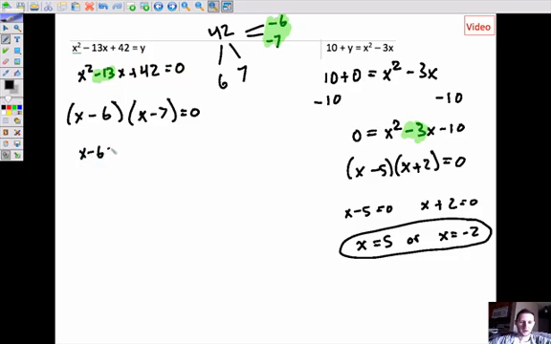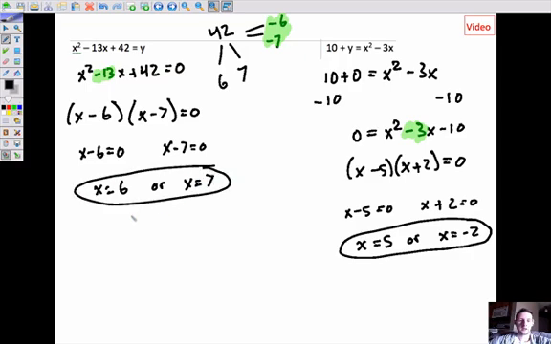Using zero product property, you get x equals 6 or x equals 7. Our roots are 6 and 7. Our zeros are 6 and 7. And our x-intercepts are 6 and 7, because again, those are all the same thing.